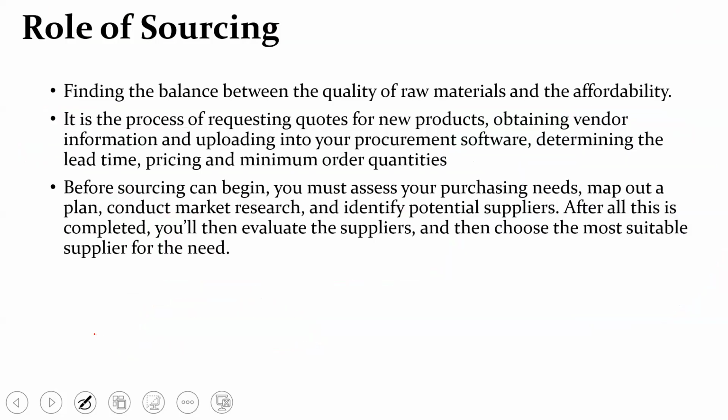We are focusing on reducing the cost in the process and improving the quality of the product, right? This is what we do in organizations. So we are not focusing on the supply chain process and sourcing.